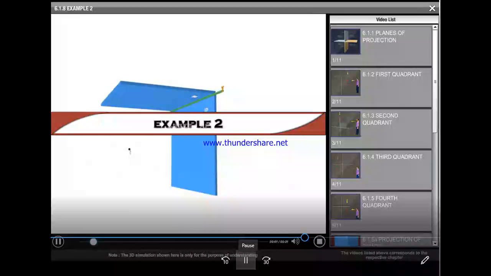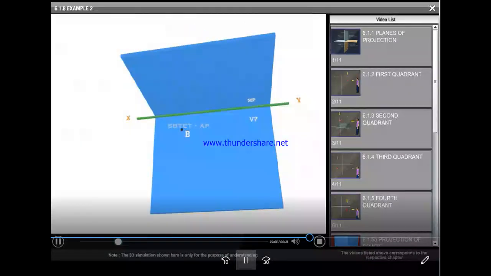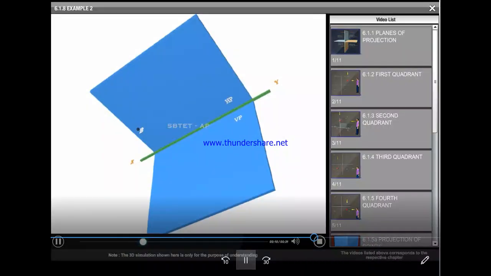Example problem 2. The point B is 60 mm behind the VP and 45 mm below HP.